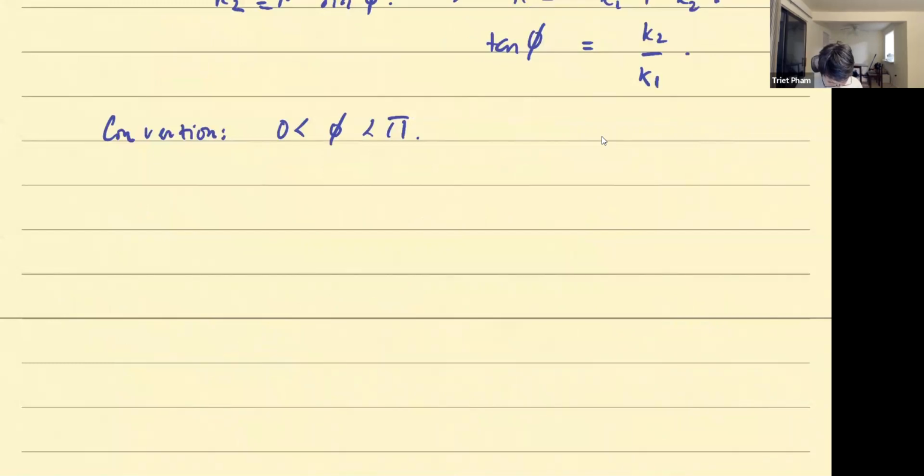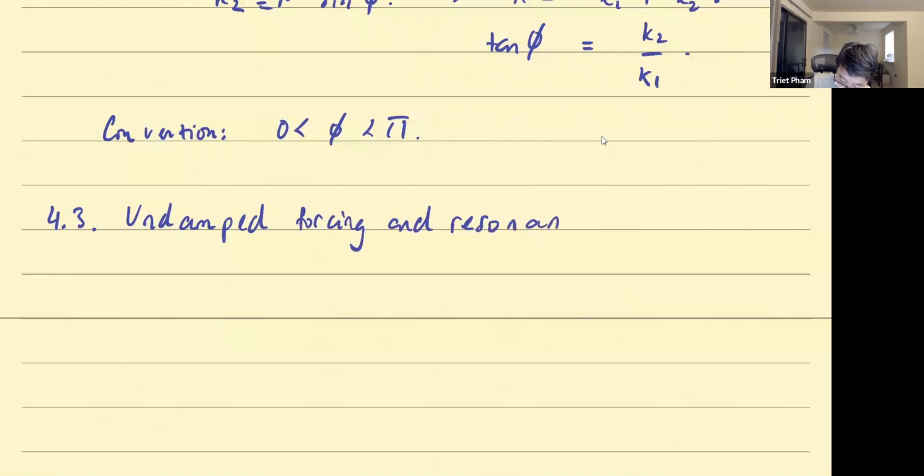So if there's no question, let's move on to 4.3. And this is undamped forcing and resonance. Okay. And so here, basically the equation is undamped forcing.